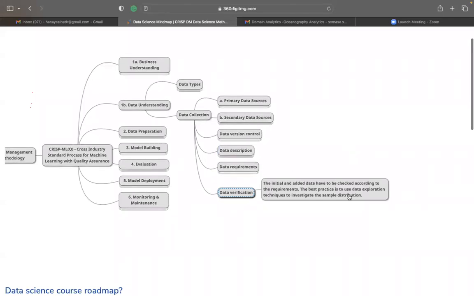And in the last, data verification. So the initial and added data have to be checked according to the requirements.